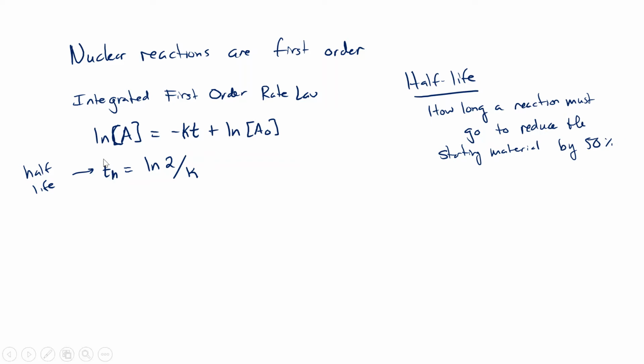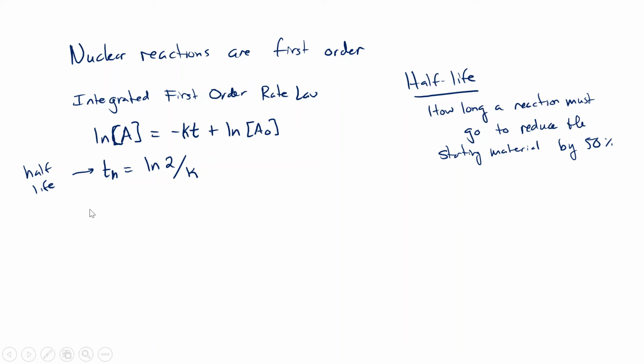So if you start with 1 gram of A naught, how long it takes to get to 1/2 gram of whatever your A compound is given by this half-life, right? And this half-life can be in seconds, minutes, years, months, days, whatever, as long as you keep it the same in these two equations. So the half-life is how long it goes to get to 50%.